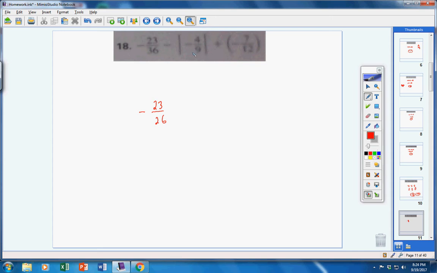Now, the absolute value of 4/9 is positive 4/9. But there's a negative sign here we're bringing down, okay? Also, your 7/12 has two signs. The signs are different, so the 7/12 would be negative, okay?